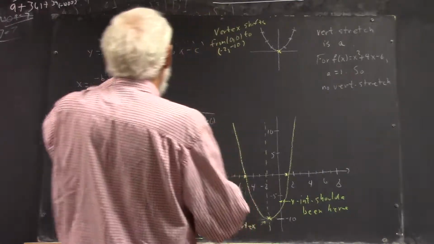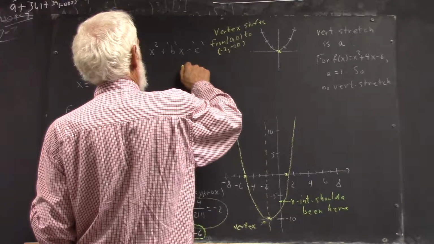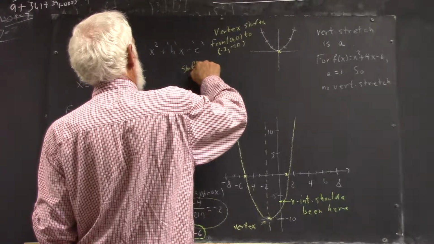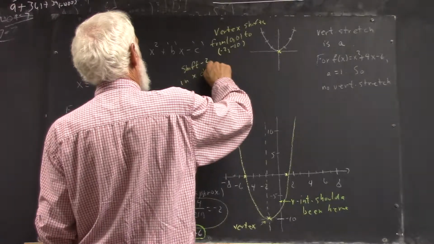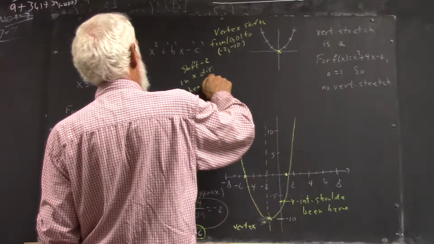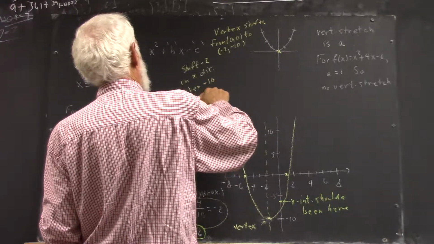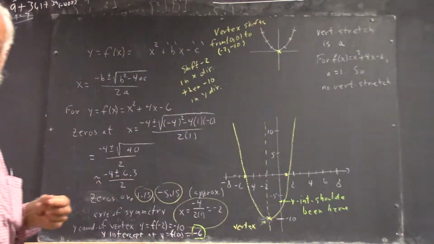So the vertex shifts from 0, 0 to -2, -10. That means shift -2 in the x direction, then -10 in the y direction.